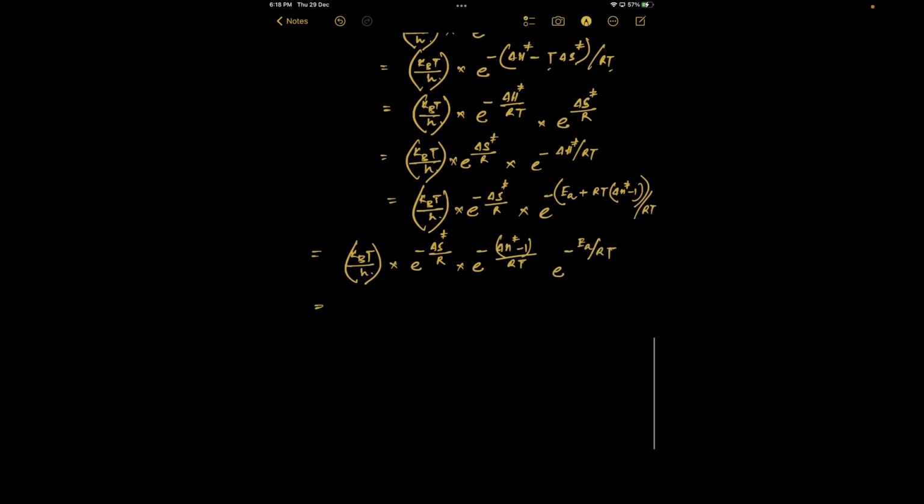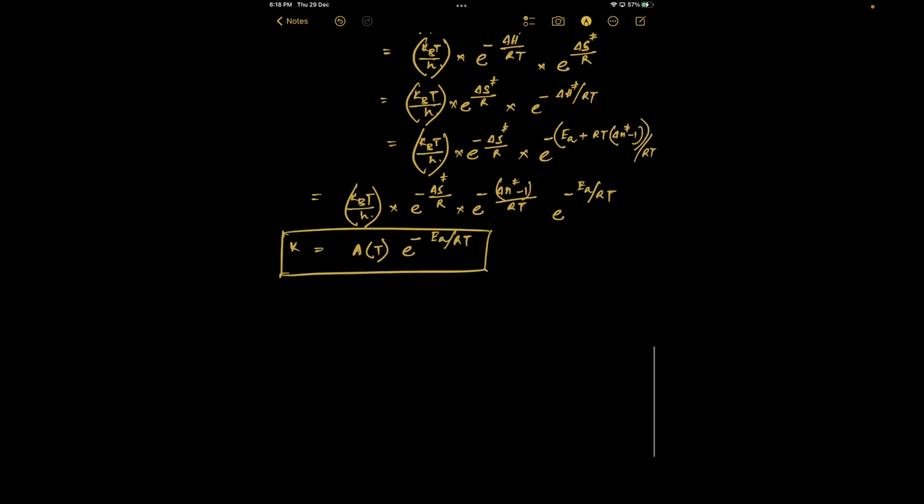So in short, we can write k as a function of temperature times exponential minus EA by RT, right? So this is the Eyring equation.